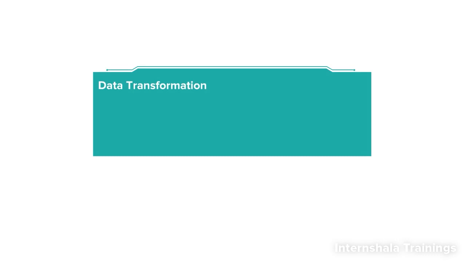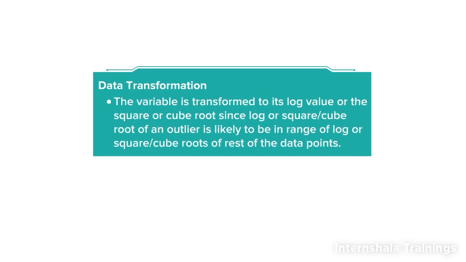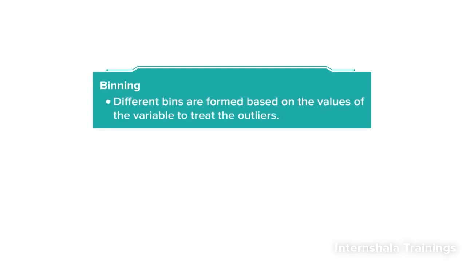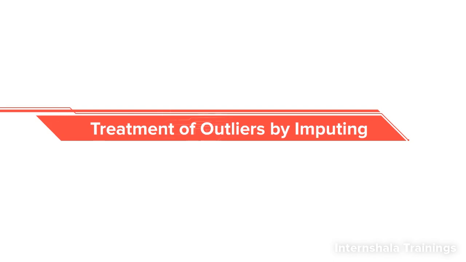In the data transformation method, we transform the variables such as taking the log value of that variable or the square or cube root for that variable, since log or square or cube root of an outlier is likely to be in the range of log or square or cube roots of the rest of the data points. In the binning method, we form different bins based on the values of the variable and get the outliers treated. So we have overviewed all 4 methods of treating outliers.